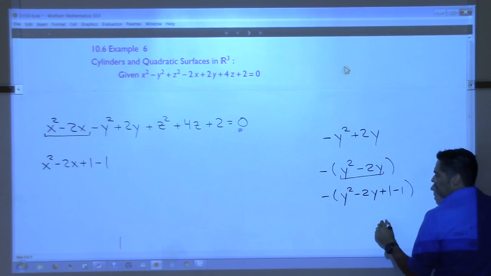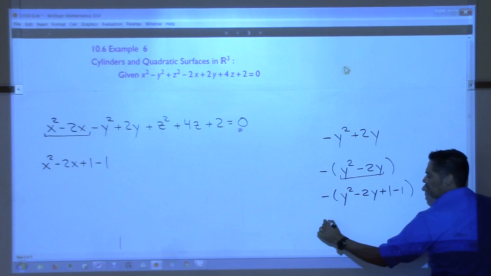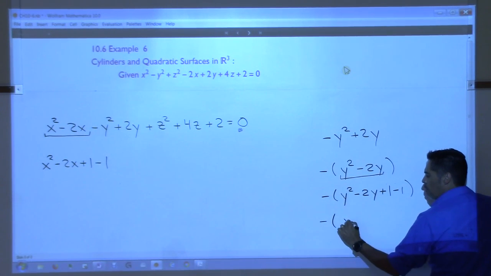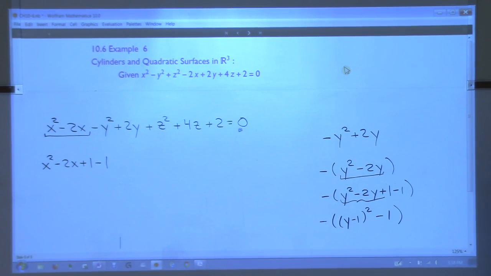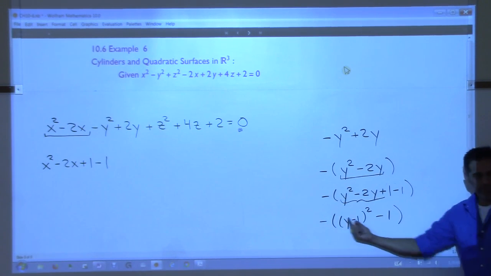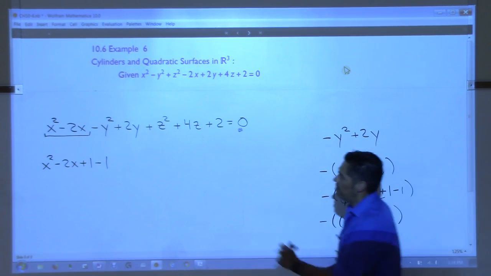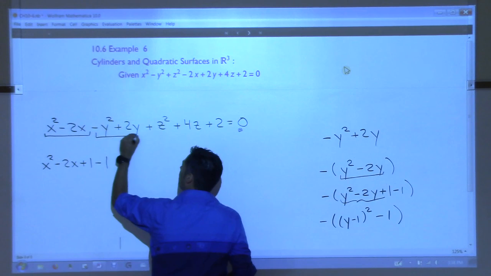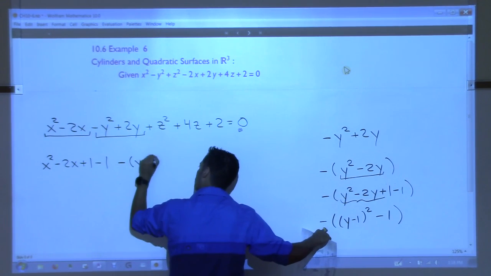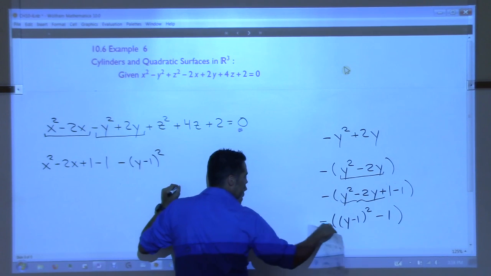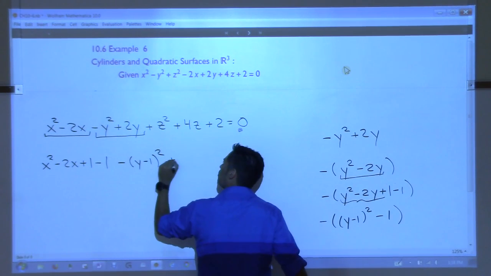So this is minus, and then y minus 1, that quantity squared. Those are those three right there, and I still have minus 1, close parentheses. Then I'll distribute the negative back through. This will become minus the quantity y minus 1 squared, and then the negative and negative will become plus 1.